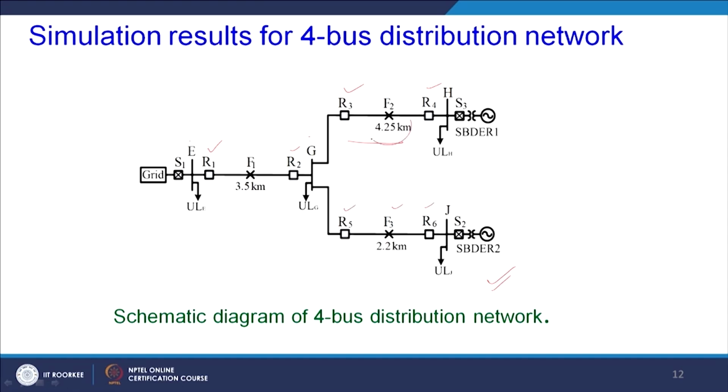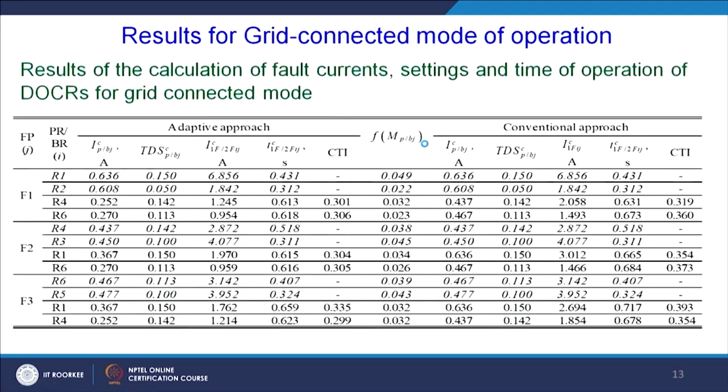For F2, let us say, R3 is treated as the primary relay, and the backup relay is R1. Similarly, for F3, R5 is the primary relay and R1 is the backup relay. So many combinations we have, like for F1, R2 is the primary and R4 is the backup. So we have different pairs of directional overcurrent relays which are going to be coordinated using the proposed technique.